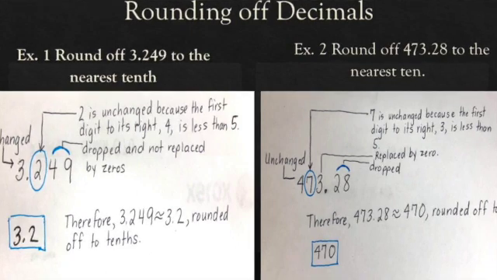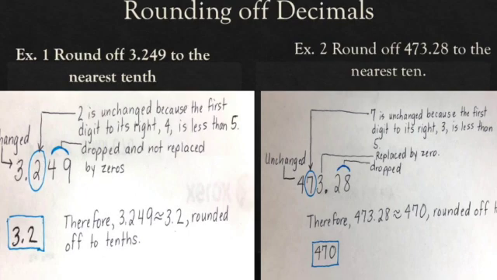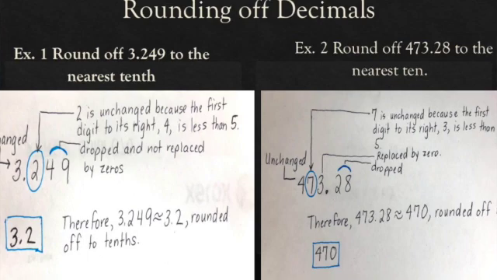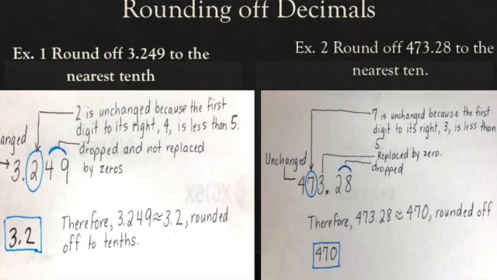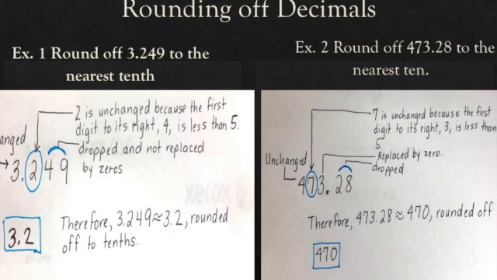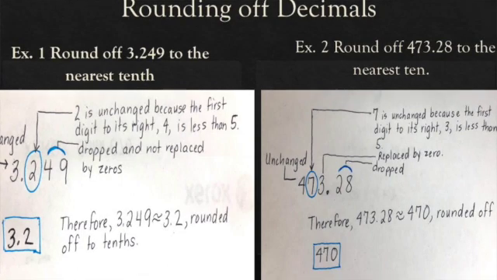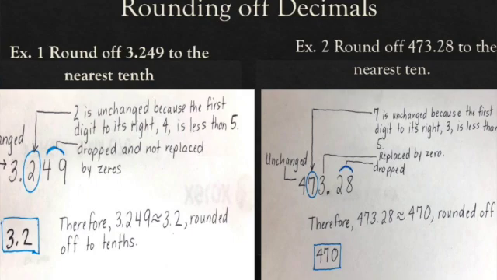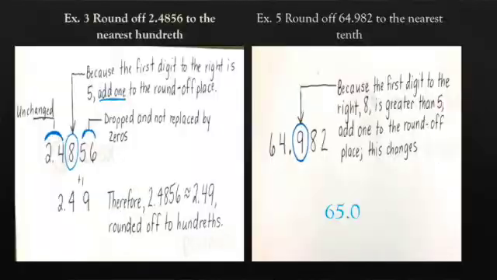Now this number is below 5, so it is not going to change. Okay, we are going to drop the numbers to the right of the decimal and turn the 3 into a 0. So when 473 and 28 hundredths is rounded off to the tens place, it becomes 470.